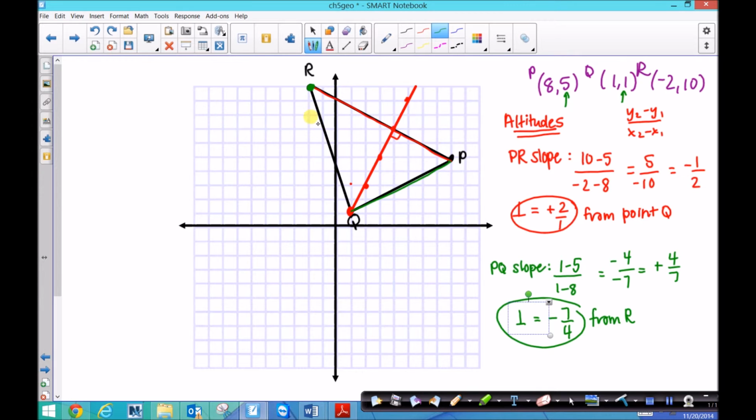So we drop down 2, 4, 6, 7, then right 1, 2, 3, 4. And you could repeat that again, down 2, 4, 6, 7, right 1, 2, 3, 4. And we could connect these and make our line.